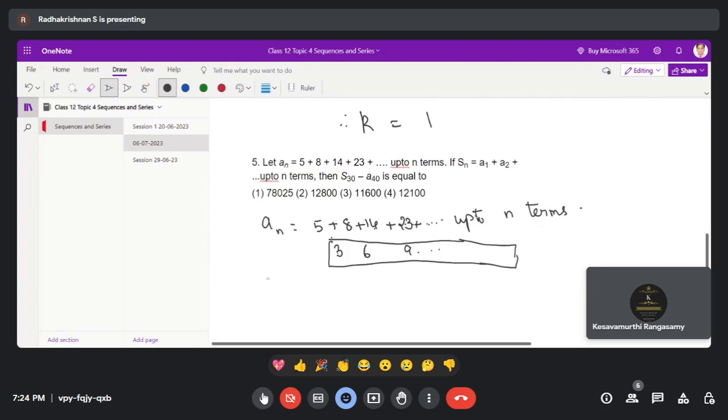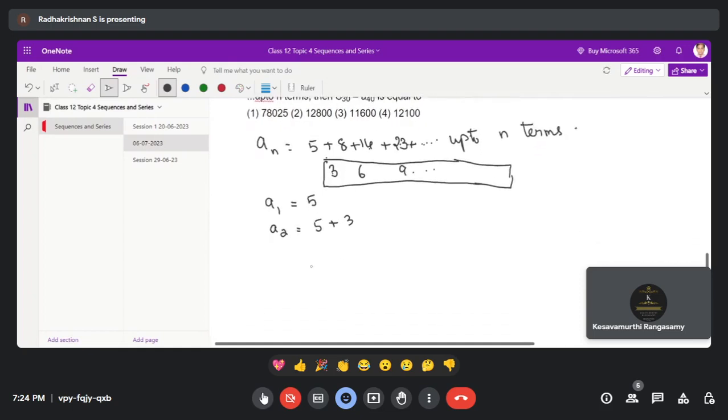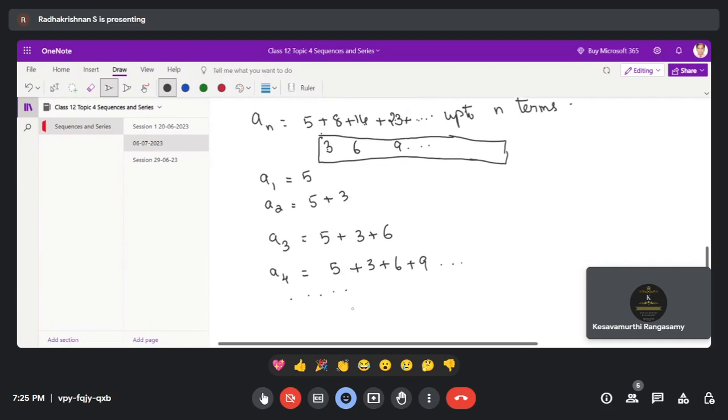See, the way you have to do is, you see that A1 equal to 5, A2 equal to 5 plus 3, A3 equal to 5 plus 3 plus 6, A4 equal to, and so on, right?